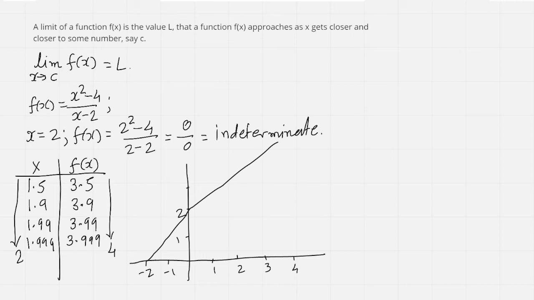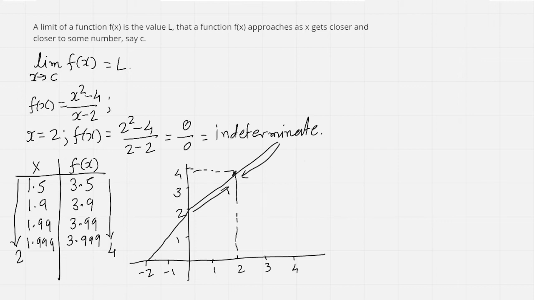So you can see that as x gets closer and closer to 2 from the left side, f of x gets closer to 4. And when x gets closer from the right hand side, that is from this side, f of x gets closer and closer to 4. So actually we have two-sided limits, left hand side limit and right hand side limit.